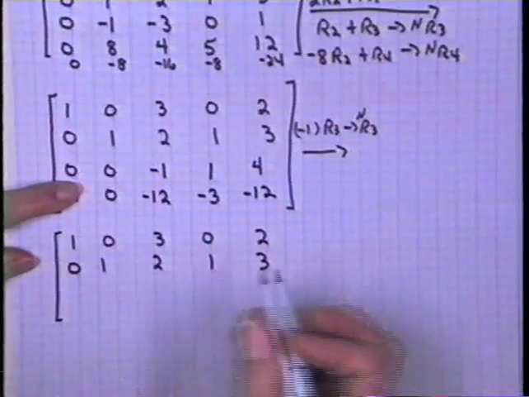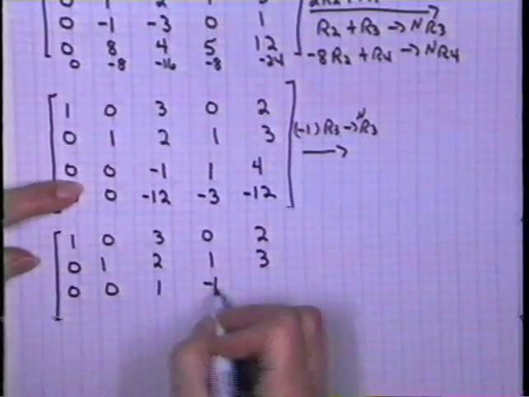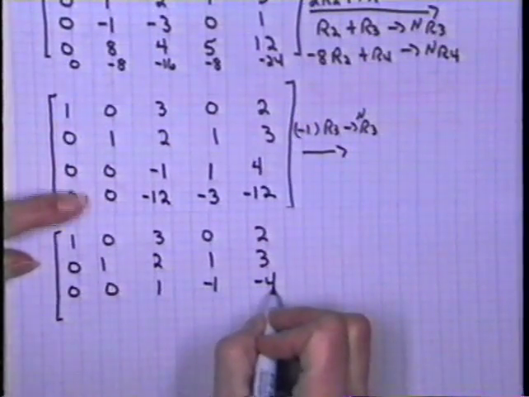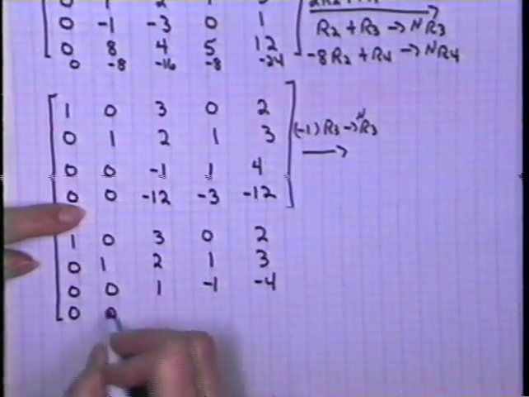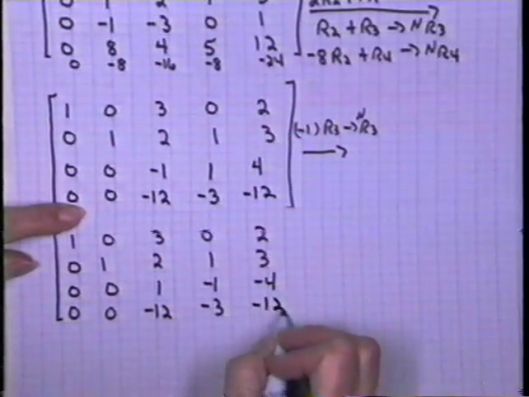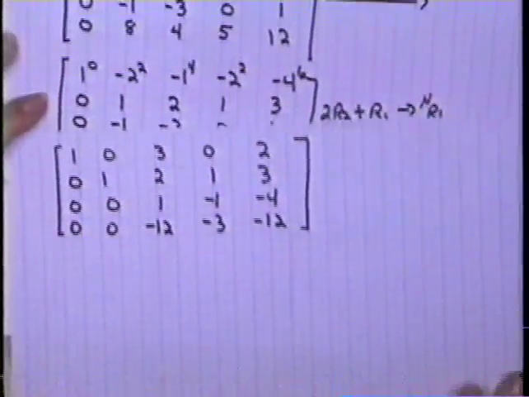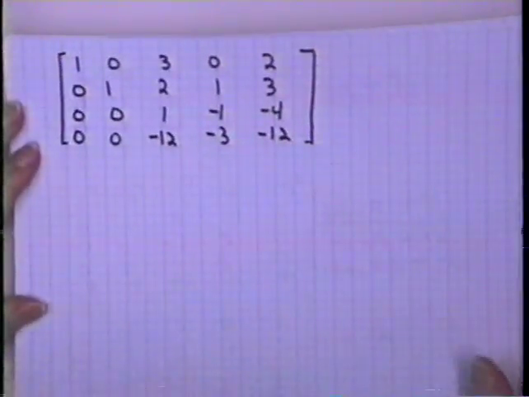We're going to multiply this third row by negative 1. 0, 0, 1, negative 1, negative 4. And then we're just going to recopy the fourth row. Okay, now let me slide this on it and let's take a look. I think I'll get this a little more organized if you don't mind.